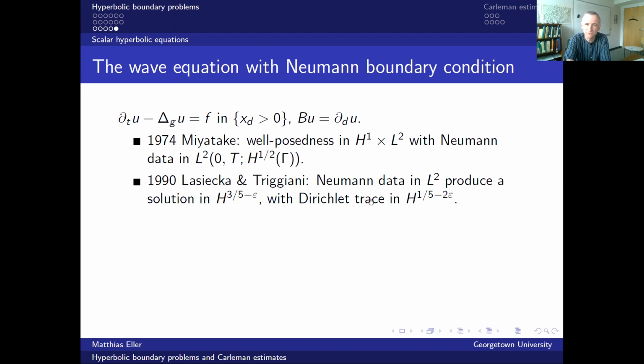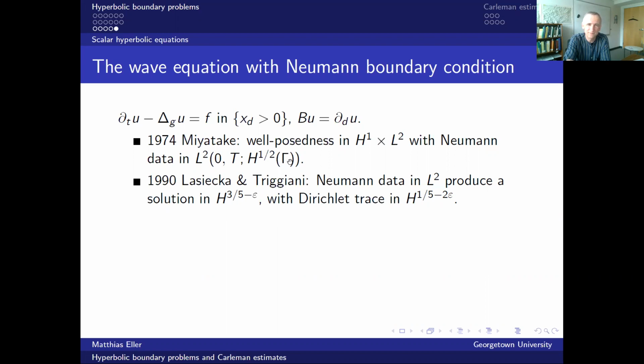Then Lasiecka and Triggiani used L2 Neumann data, and they work in control theory, so they're interested in L2 inputs, L2 controls, and yet you produce a solution which is a little bit higher, H3/5 minus epsilon.